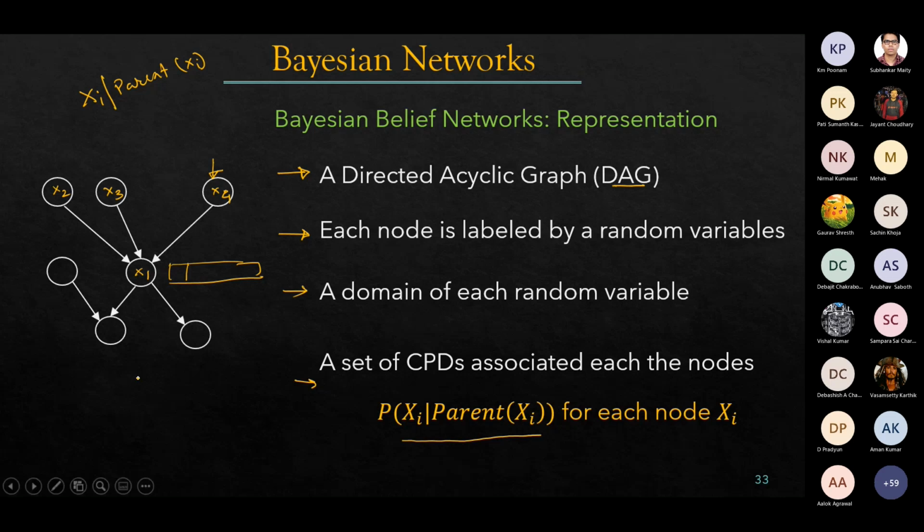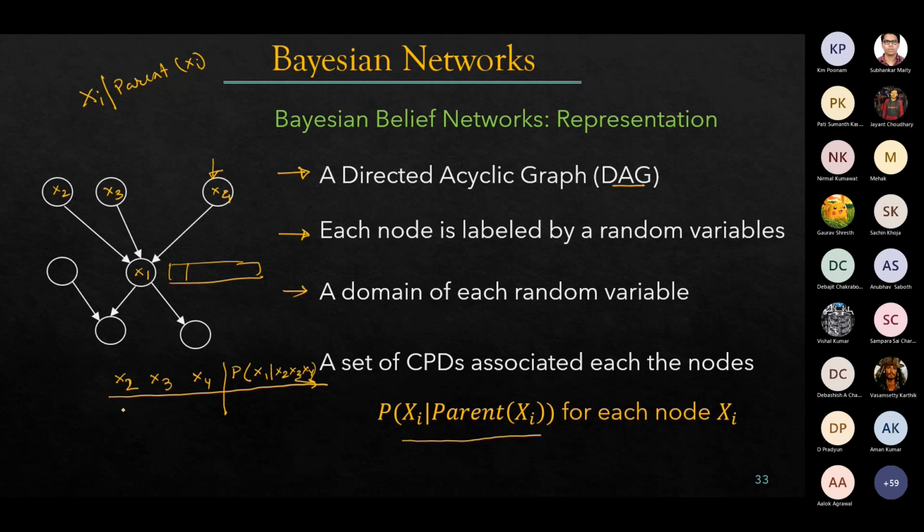And what are the entries of the table? We have x2, x3, x4. These are the choices, and we can have multiple choices on those. For each of these choices, we have probability x1 given x2, x3, x4. This is the kind of table that we will be maintaining for every such node.